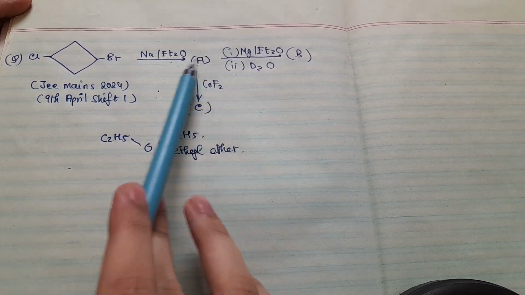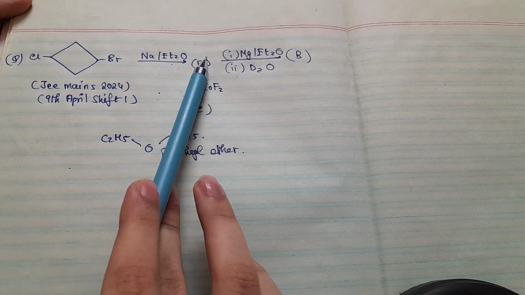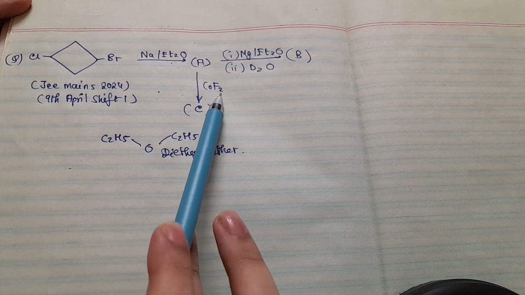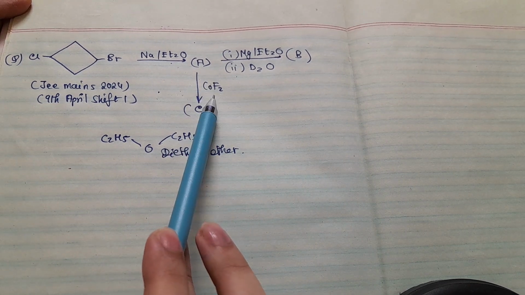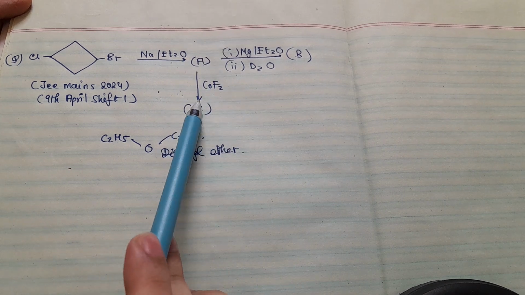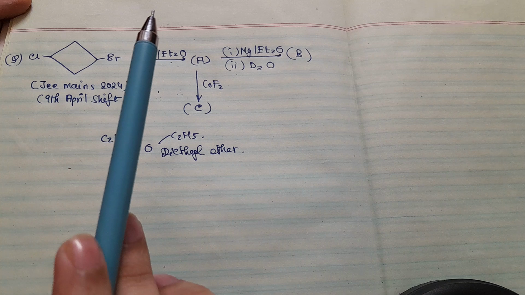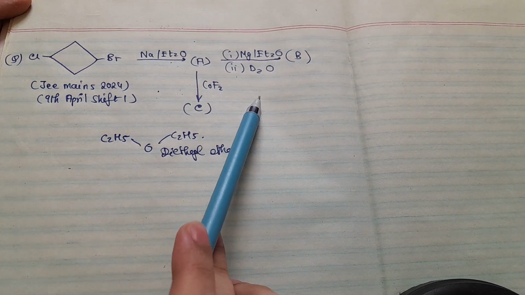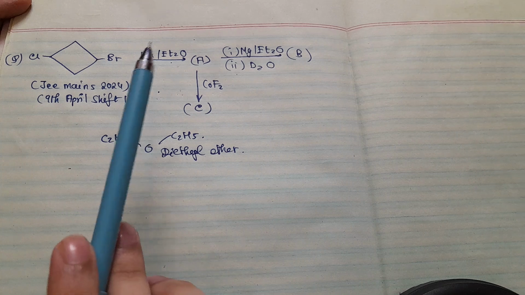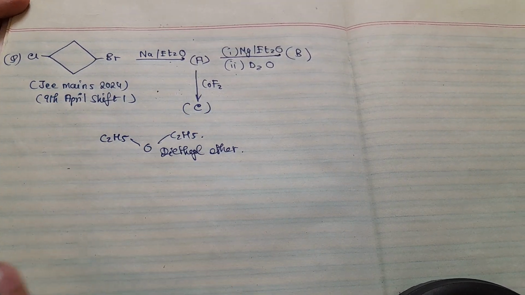Now let's see. A is a product, and A, on treating with COF2, gives C. COF2 is the reagent for the Swarts reaction. The Swarts reaction, we all remember, is a fluorination reaction where an alkyl halide is converted to an alkyl fluoride by the use of a fluorinating reagent like the fluoride of silver, tin or any such heavy metal.